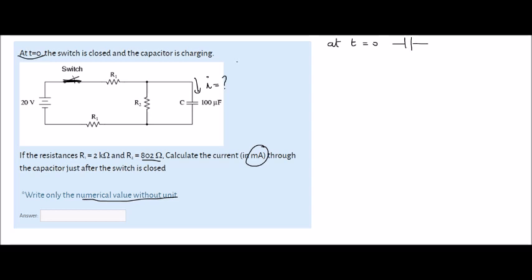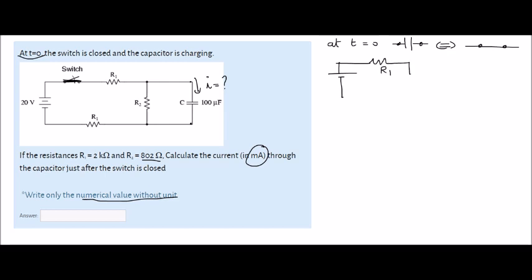At t equals 0, the voltage across the capacitor is 0. The charge is 0, that's an uncharged capacitor. What does it mean? It means the capacitor becomes like a wire. So let's draw the equivalent circuit.